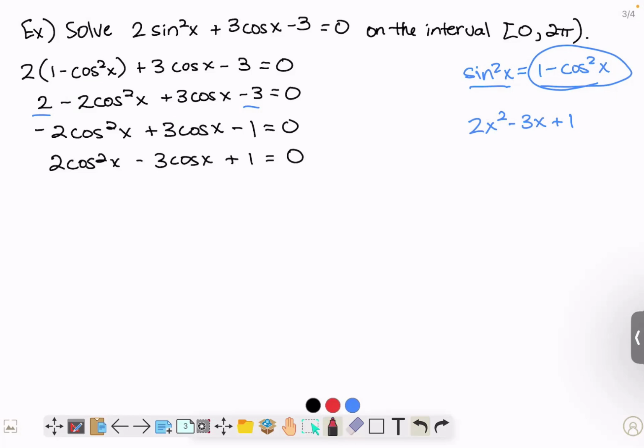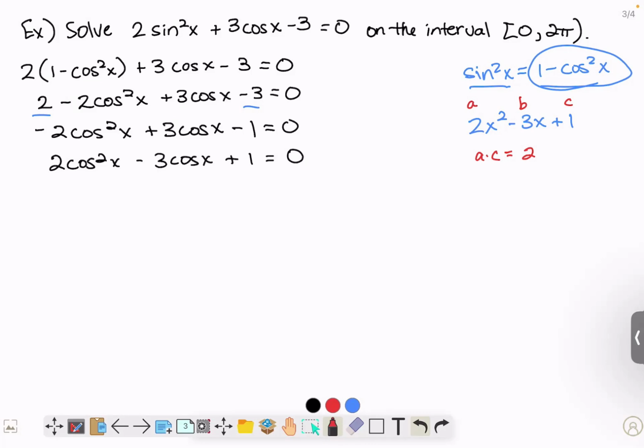So remembering that this is A, this is B, this is C, the coefficients in front of your x's. The AC method uses A times C, and in this problem that is 2 times 1, which is just 2. So then you need factors of 2. So numbers that multiply to 2, that add up to negative 3. Okay. So I want them to multiply to 2, so the signs have to be the same.